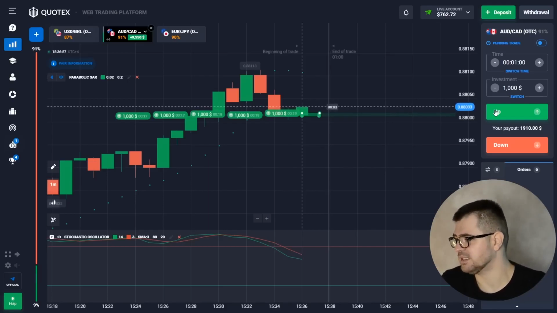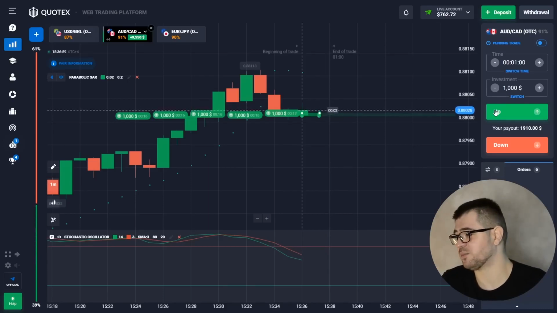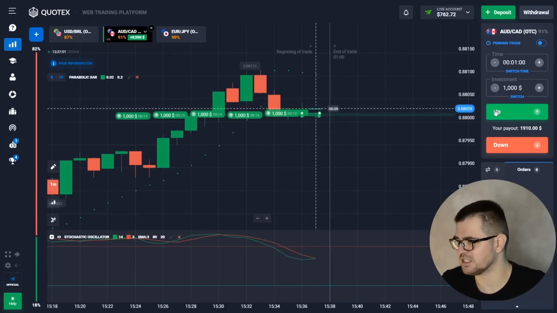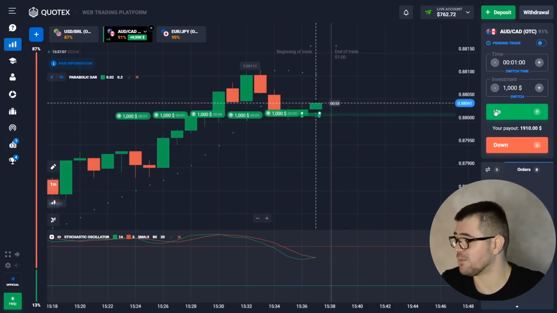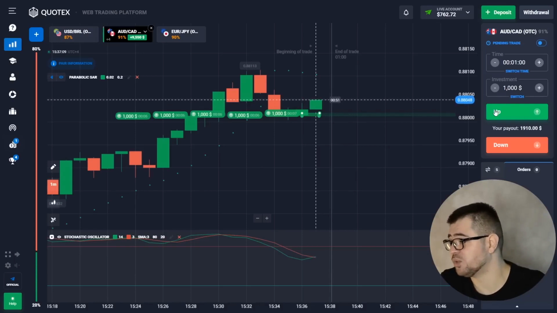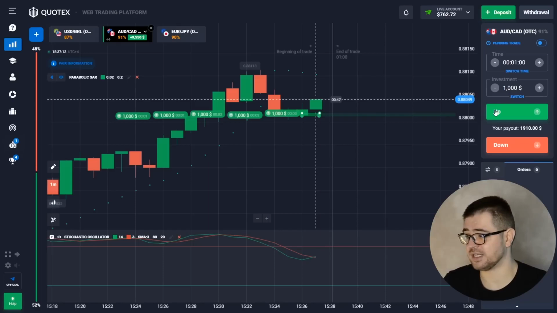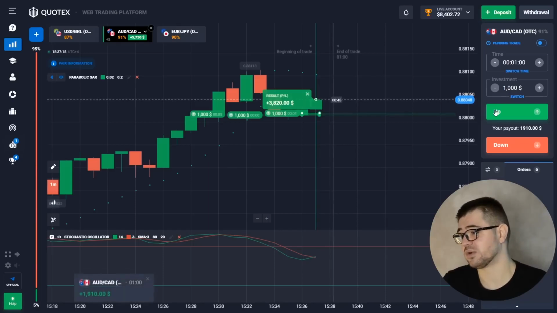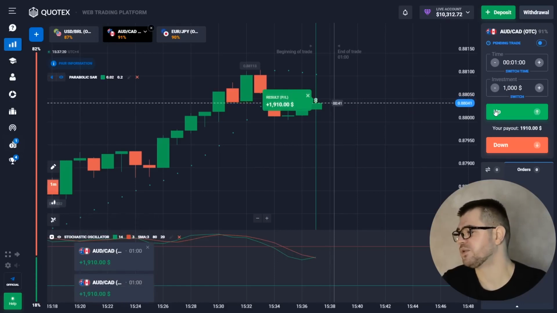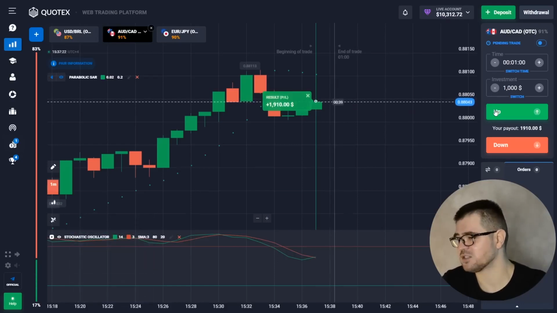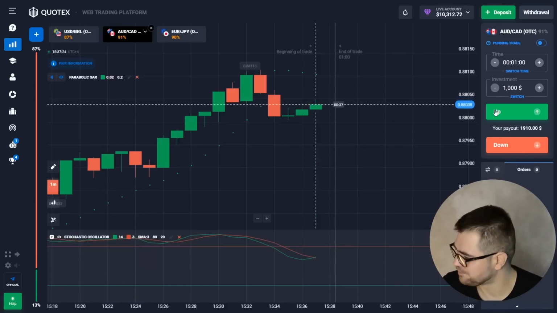That's the situation where the stochastic is showing the opposite. It looks like it's going down, but actually the trend is going up. But it also does show the correct indication, the stochastic oscillator, as it crosses the slower line now, and we already profited from this. $10,000 on our balance already.